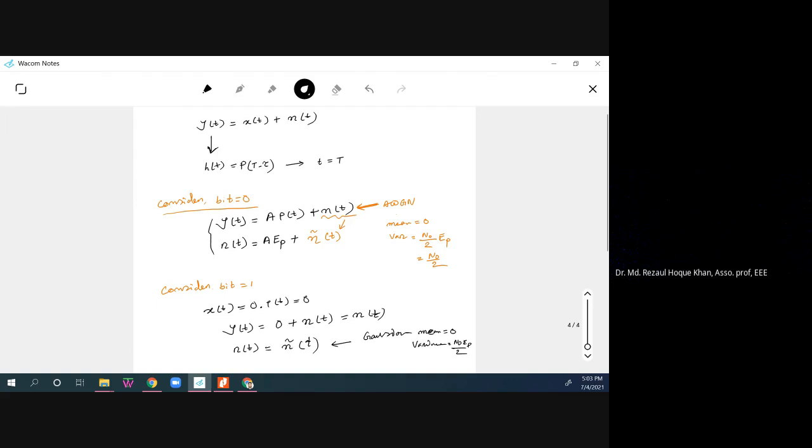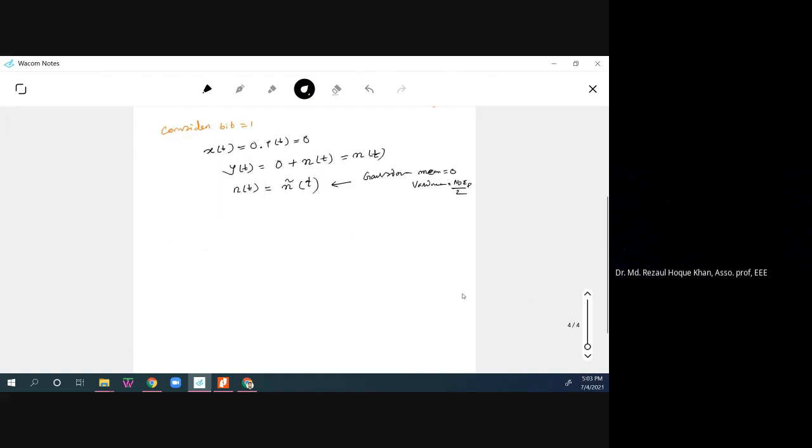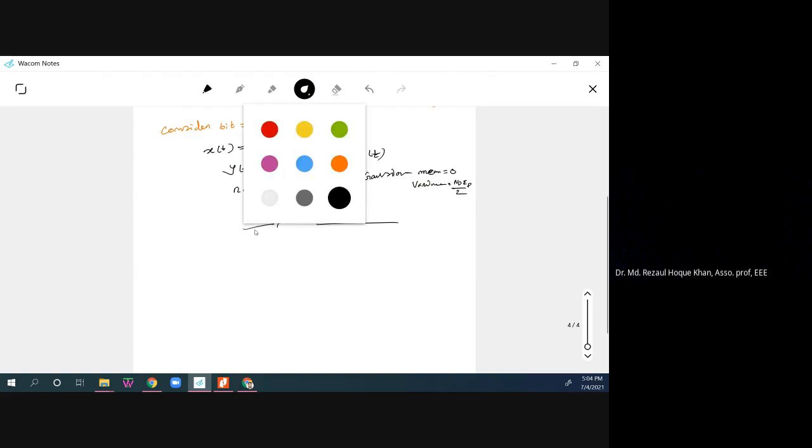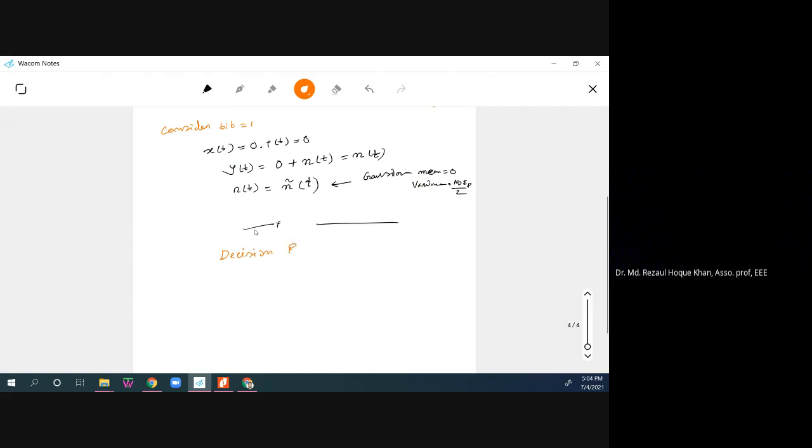Now, for the decision rule, let's derive the decision rule. Actually, it should be the optimal decision rule. For the optimal decision rule, let's see what RT finds.